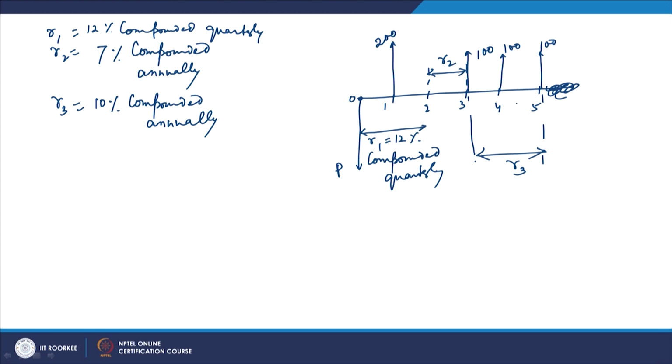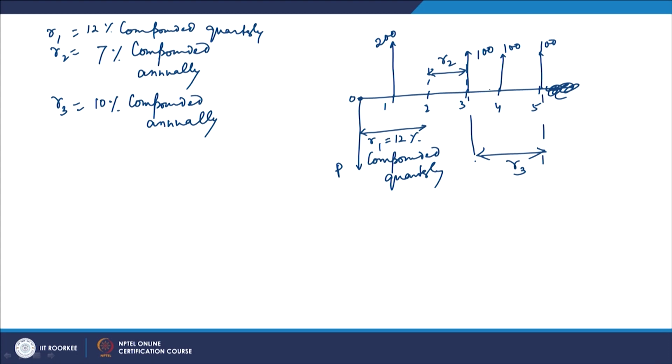You can directly come from there because you have one typical interest rate in between. So, the value will be 100 into F by A.